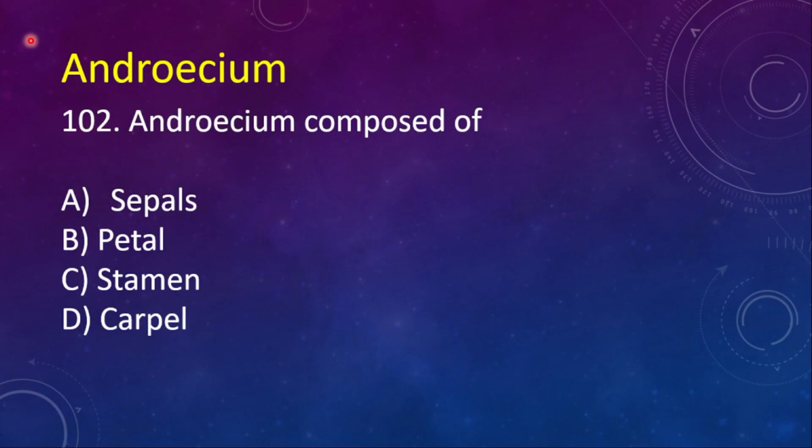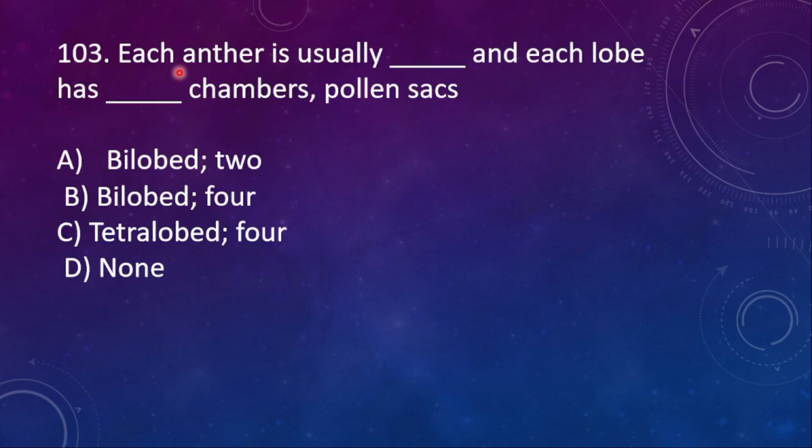Now the questions are from the androecium part. 102. Androecium is composed of A, sepals, B, petals, C, stamen, D, carpel. Androecium is the male part of the flower and it consists of stamens. 103. Each anther is usually dash and each lobe has dash chambers in pollen sac.